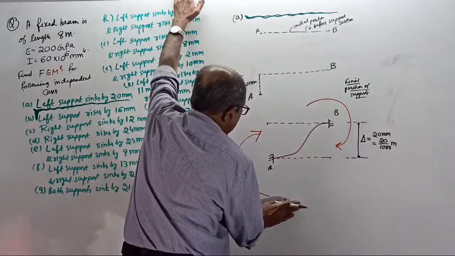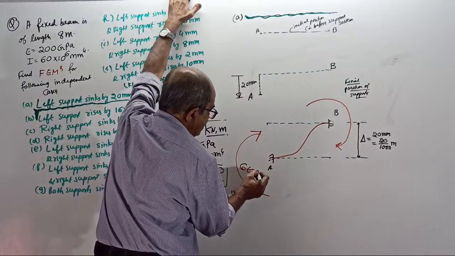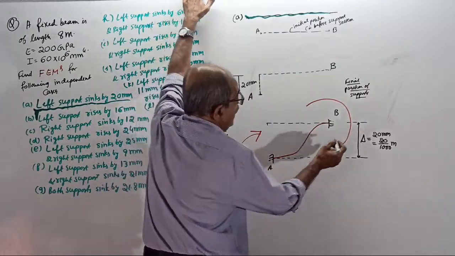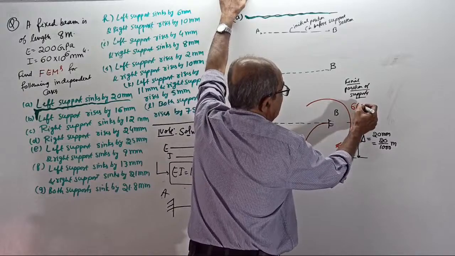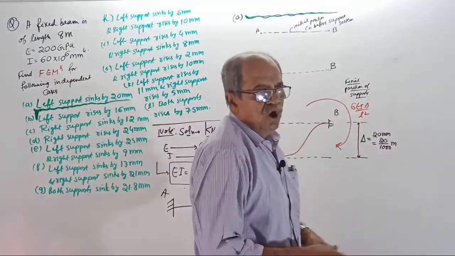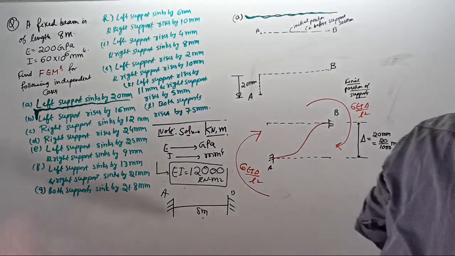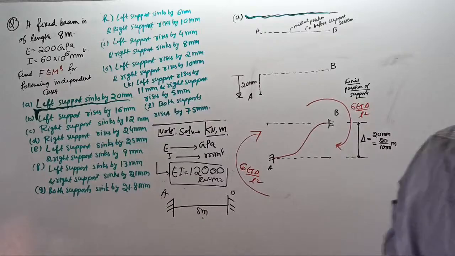Now, you don't have to bother. Both FEMs are, how much is the answer? 6 EI delta by L square. This is also 6 EI delta by L square. Now, go to calculation. Is space there? Yes, space is not there. Below, space is there.